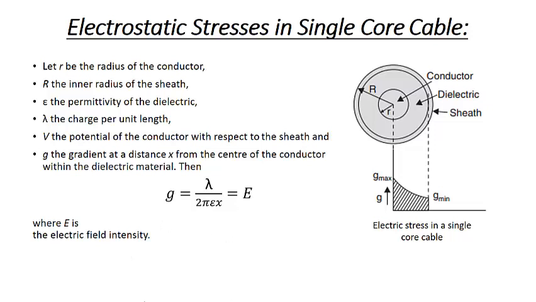We use this equation and we have derived it there. So this is the same equation. Here E is the electric field intensity and lambda is the charge per unit length. The only difference is that there we used epsilon naught, whereas here epsilon is equal to epsilon r into epsilon naught, and epsilon r has some value which is greater than 1.